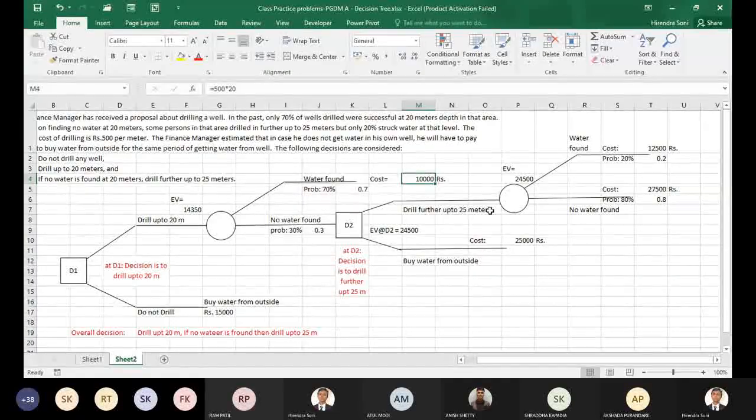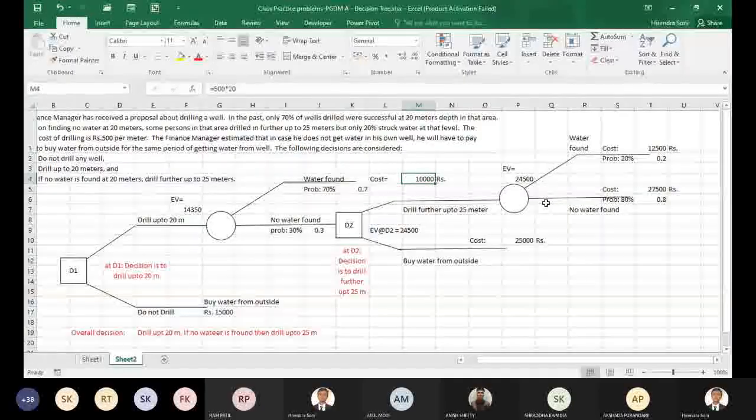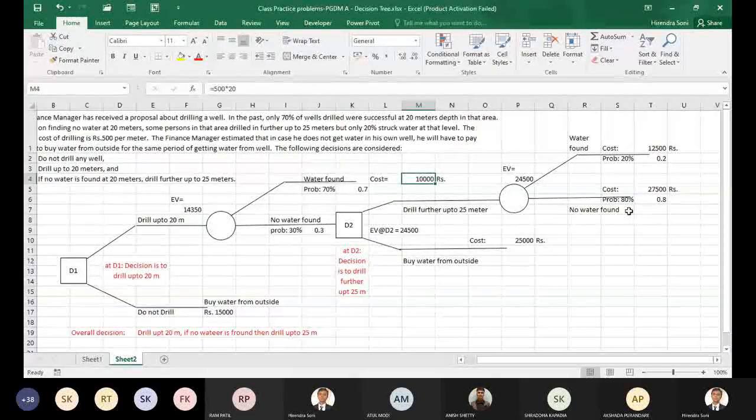If I don't find water, then my total cost would be of drilling up to 25 meters, that is 25 into 500, plus buying water from outside. Because if I don't find water here, then I will have to buy water from outside. Okay, so my total cost comes to 27,500.